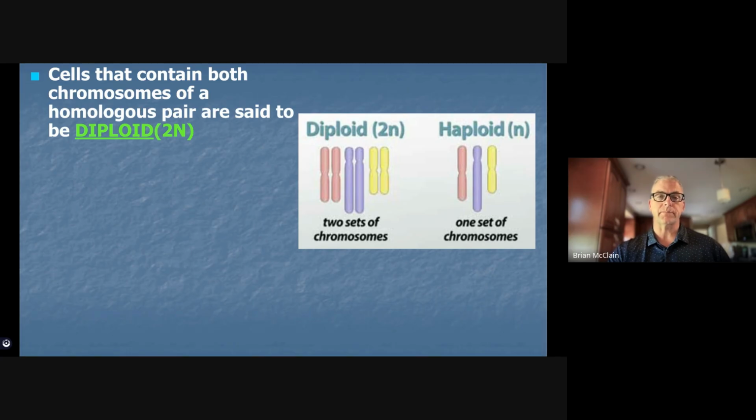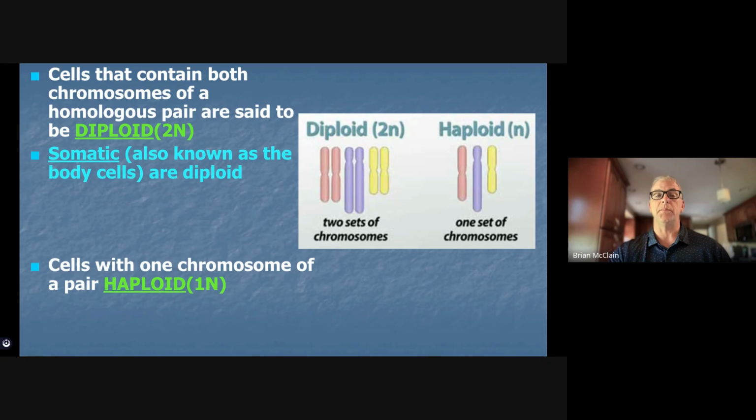Now, if we go in here, this is an important term that you want to make sure you understand as we go through the process of mitosis. It's the idea of diploid. So if you look at the picture, diploid is represented as 2n. N is the number of sets, and 2 is saying that there's 2 for each one of those sets. So in our body cells, which are known as somatic cells, those are going to be diploid.